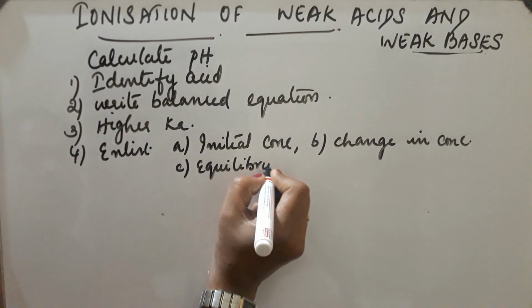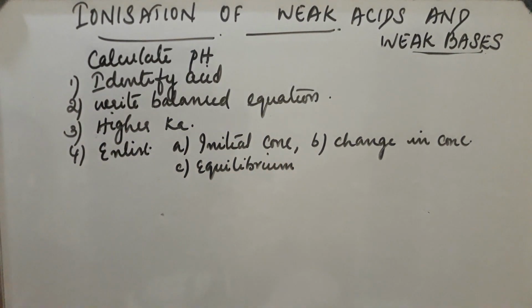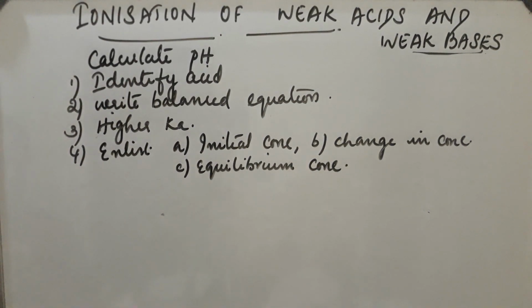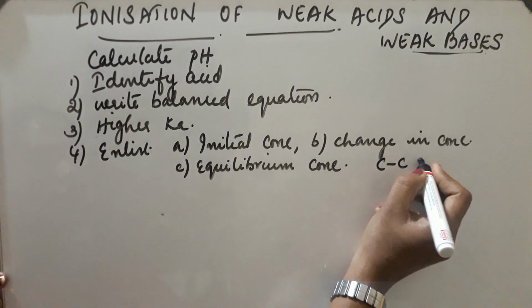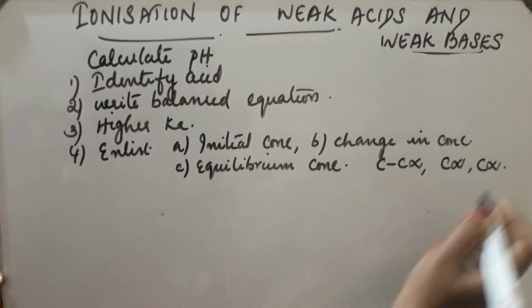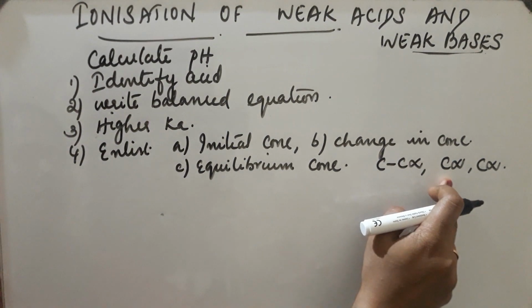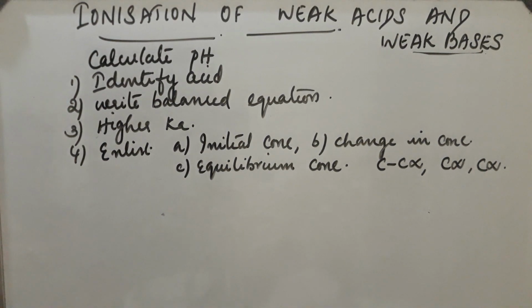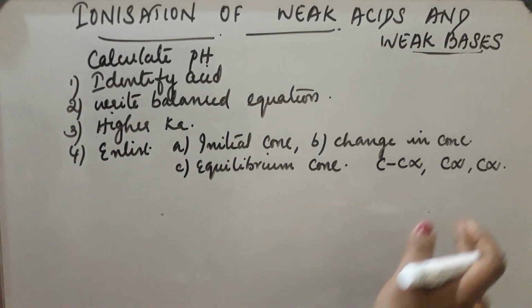We discussed earlier, the same steps we are doing here. Equilibrium concentration will be, for the reactant C minus C alpha, and for products C alpha, C alpha. So C alpha will be the concentration of H3O plus, and depending upon the acid, the C alpha changes.